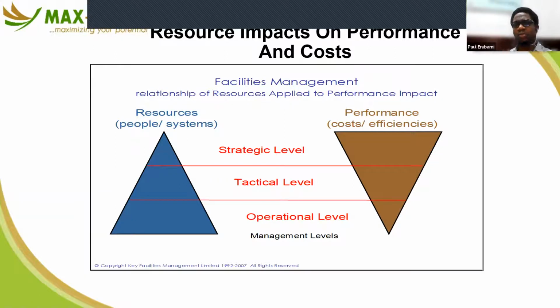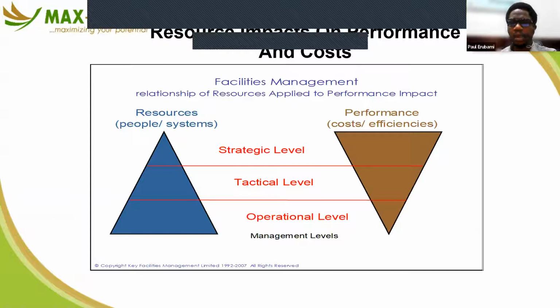At the operational level, I do operations and maintenance activities, but those are drawn out of operations plans, procedures, processes that I have put in place at the tactical level. Systems with steps, guidelines for getting things done. At the tactical level, I plan all of the types of contracts.